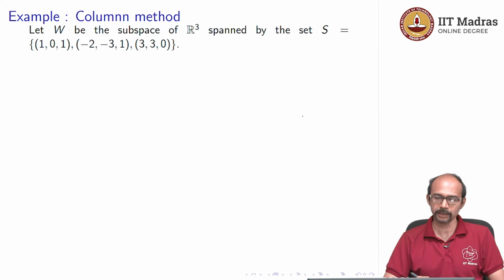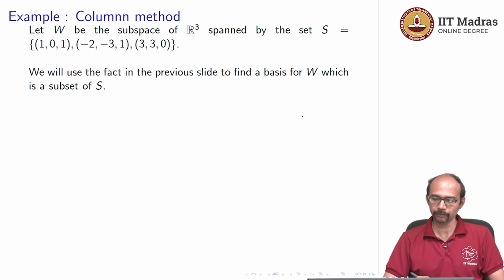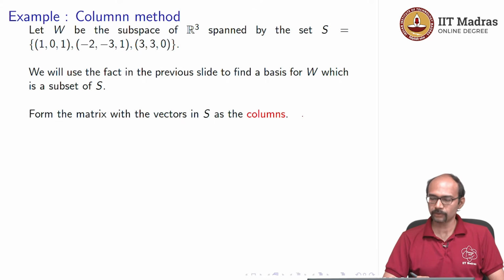I will call it the column method, and we will do it on examples, and you will see how it works. Let W be the subspace of R3 spanned by the set S consisting of these 3 vectors: (1, 0, 1), (-2, -3, 1) and (3, 3, 0). We will use the fact from the previous slide to find a basis for W, which is a subset of S. Form the matrix with the vectors in S as the columns, not the rows.